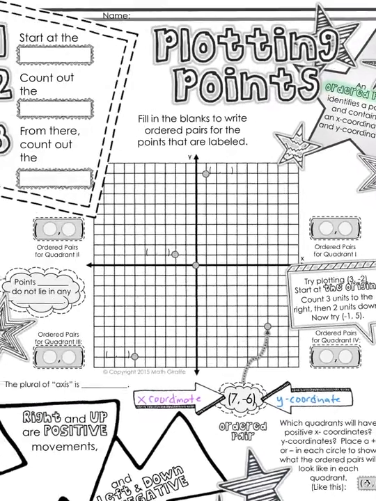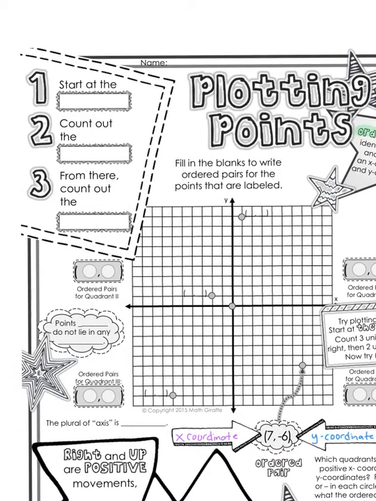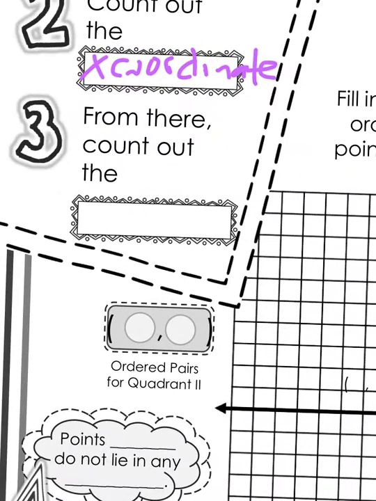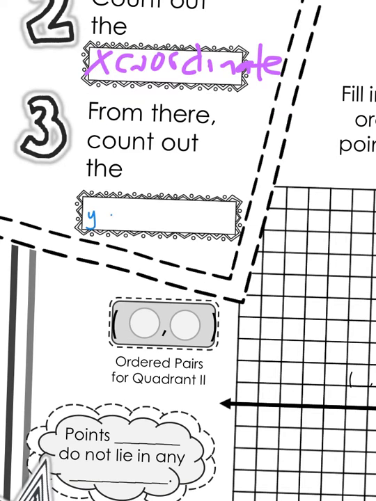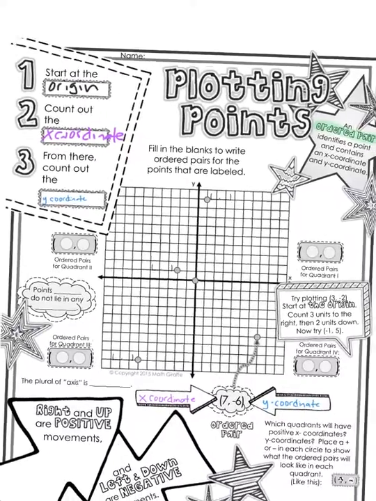Okay. So when we're going to plot points, we are going to start at the origin, because origin means starting point, and then we are going to count out the x coordinate, and then from there you're going to count out the y coordinate. All right.